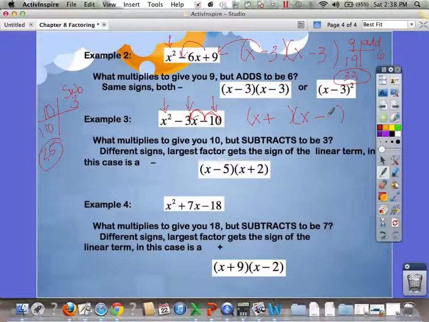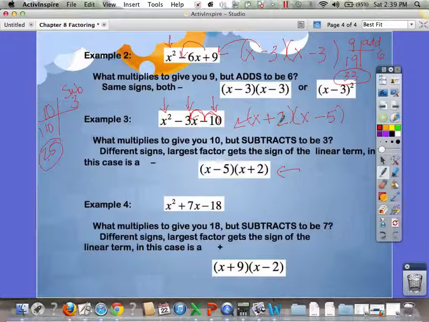So it's got to be a 5 on the minus and a 2 on the positive. When you box that or distribute it, you will get this answer. You have to be very, very careful when you have one positive, one minus as to where your numbers go. Okay? So again, you could put x minus 5, just like I did here, in front of the x plus 2. Does not matter.